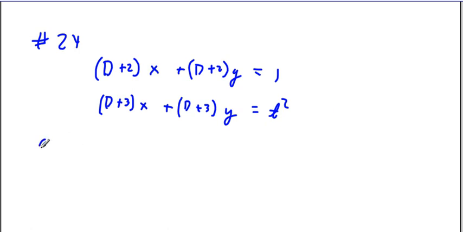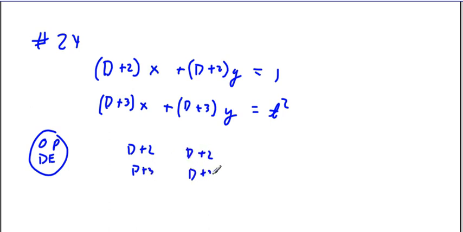Now I'm going to do the operational determinant: D plus 2, D plus 3, D plus 2, D plus 3. I take those multiplied together minus these multiplied together, so that's 0. Therefore, I am degenerate. This is supposed to be a t, not that it matters, so I'm degenerate.